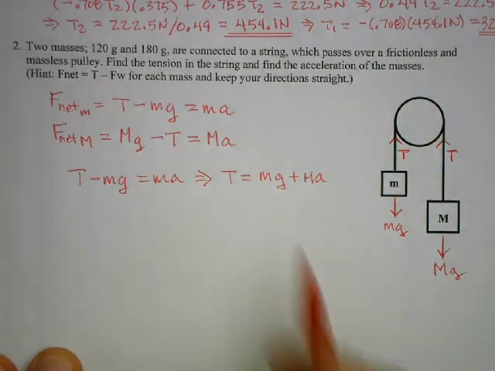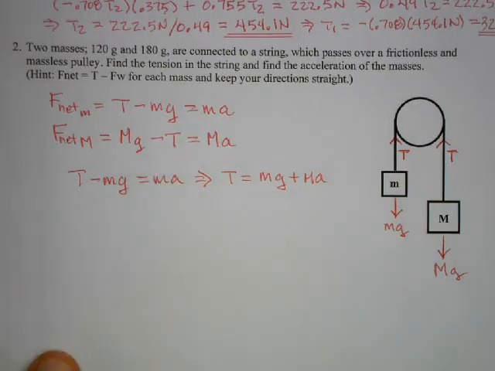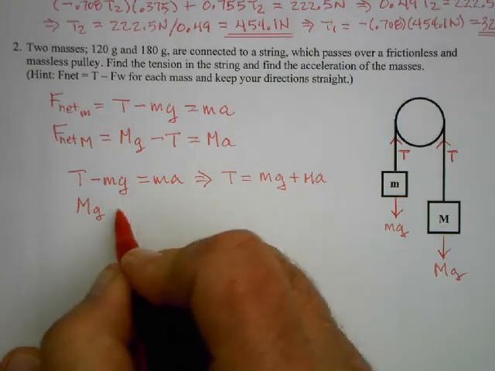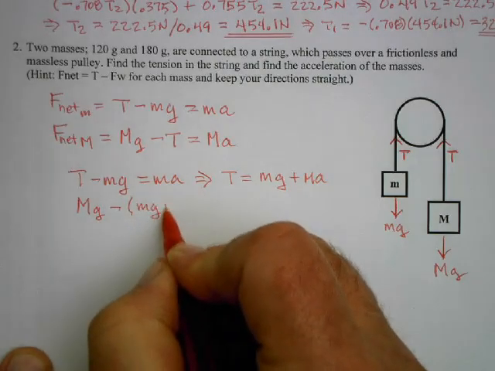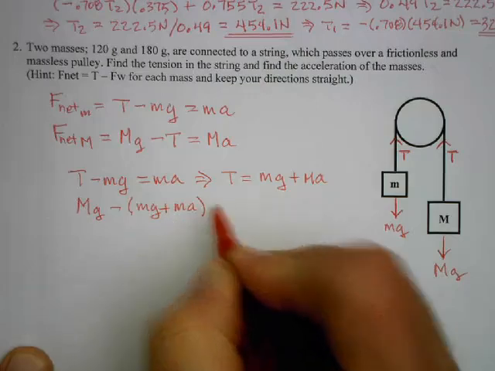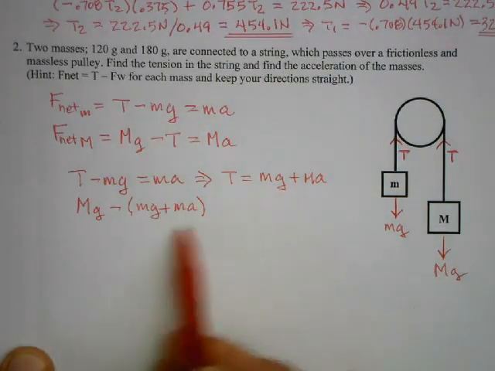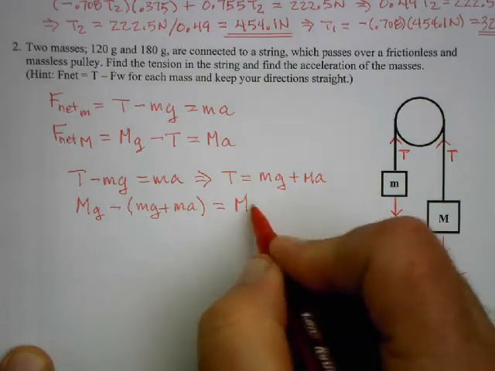But now I can take that and put it into the second equation. So I'm going to have mg, the bigger mass, minus, okay, again, this was this, then I substituted in here, and that has to equal the big M times its acceleration.